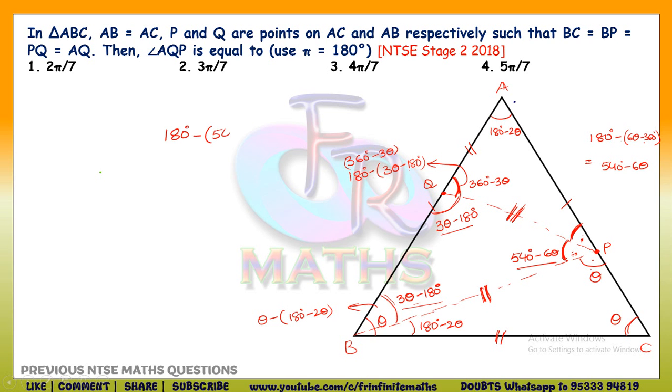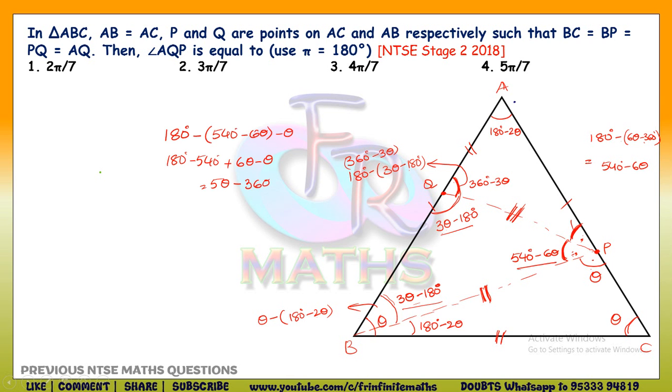So what is that? 540 degrees minus 6 theta, and I need to subtract theta also. So from this what I am going to get? 180 degrees minus 540 degrees, minus of minus is plus 6 theta, minus theta. So 6 theta minus theta is 5 theta. So 5 theta minus, again I am going to get 360 degrees.